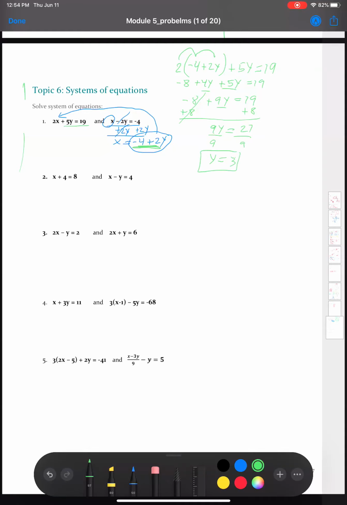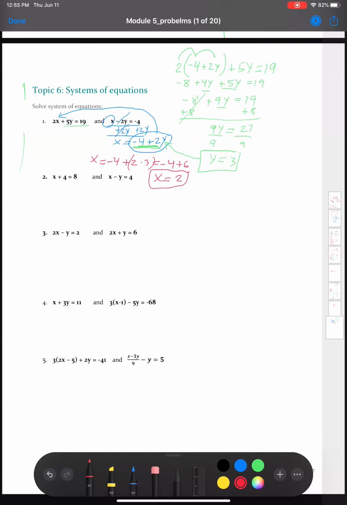Now we can substitute 3 for the y in here, and we're going to get the answer for x. So that becomes x equal to -4 plus 2 times 3, which is equal to -4 plus 6. So x is equal to 2.